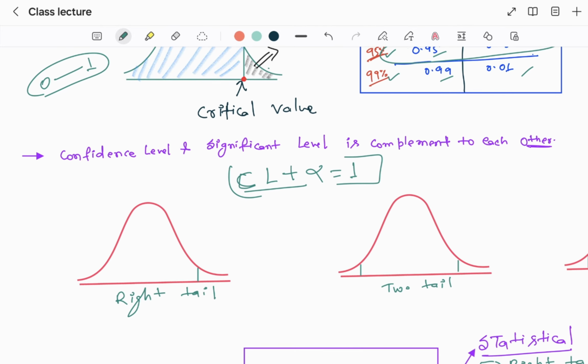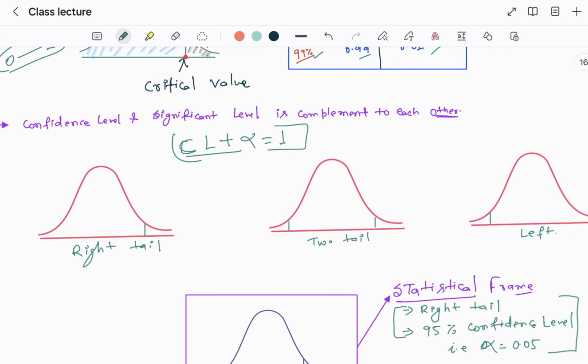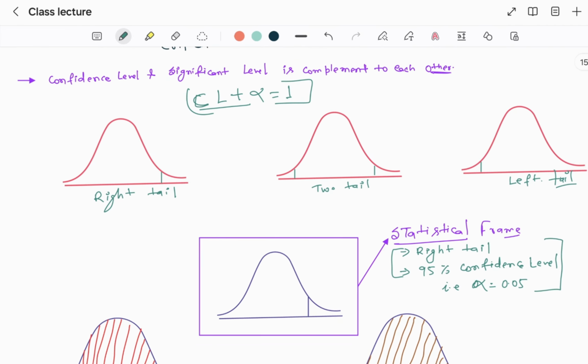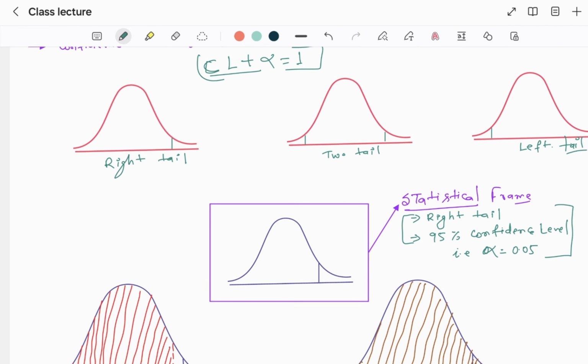One more thing we need to look at here is that the test is usually a right tail test, two tail test or left tail test. We are not going to look into what these terms are. We are rather focusing on how the p-value will tell the significance or non-significance.